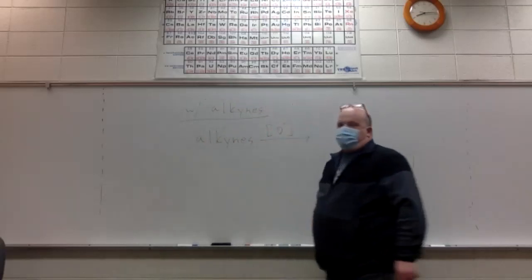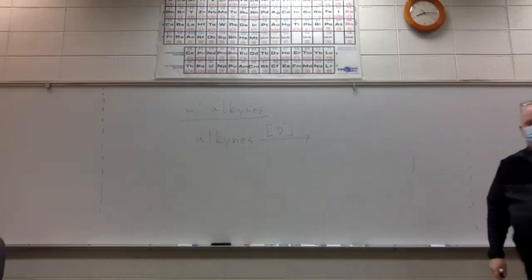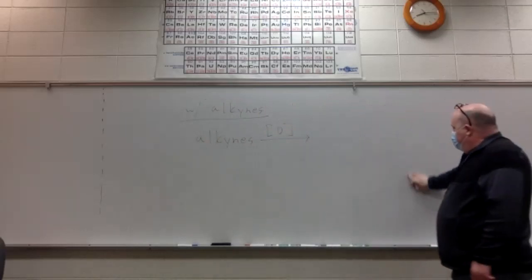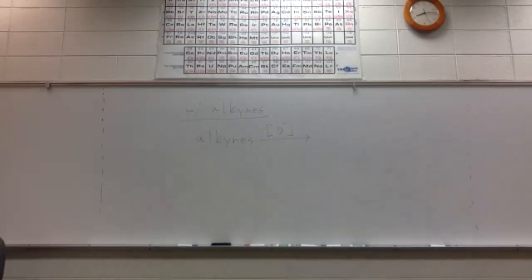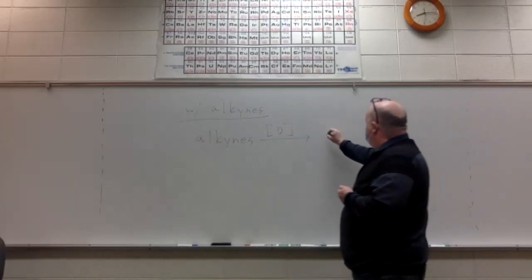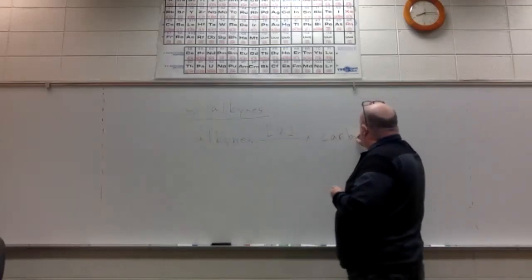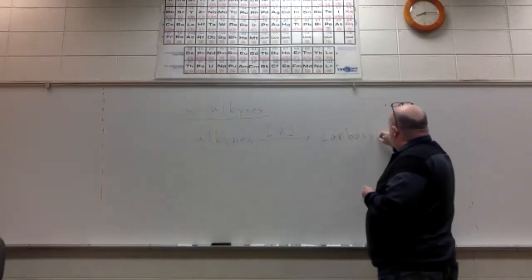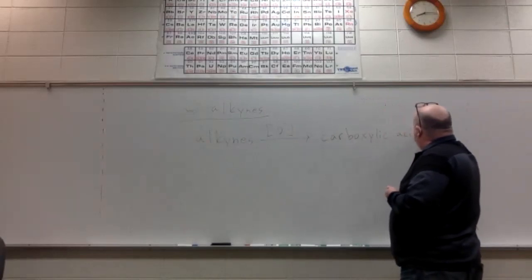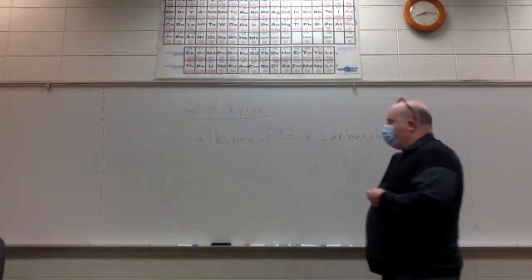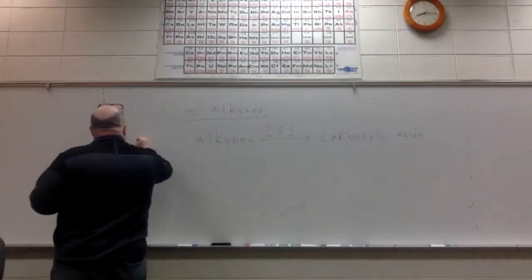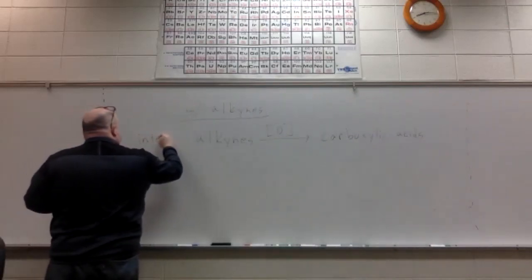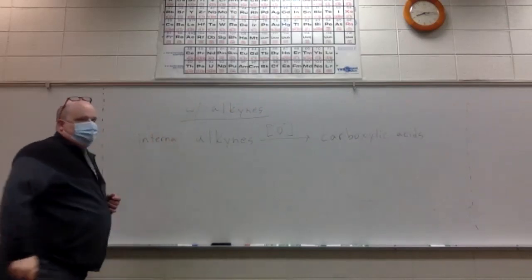I'm going to show you a specific reaction in a second. But basically, when you do this process, again, just like last time, you're going to get very predictable products, but they're going to be different. In this case, you're going to get a carboxylic acid. And actually, now that I think about it, I should clarify this. This is going to be for internal alkynes.